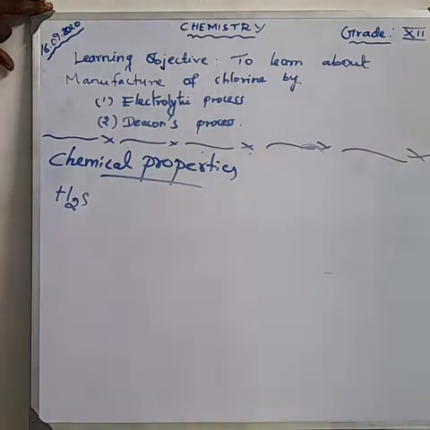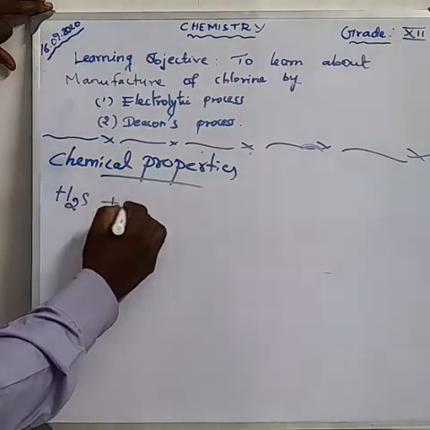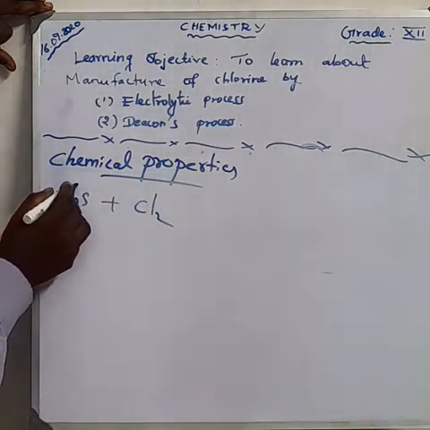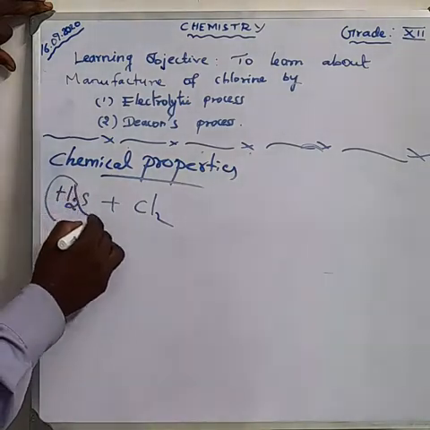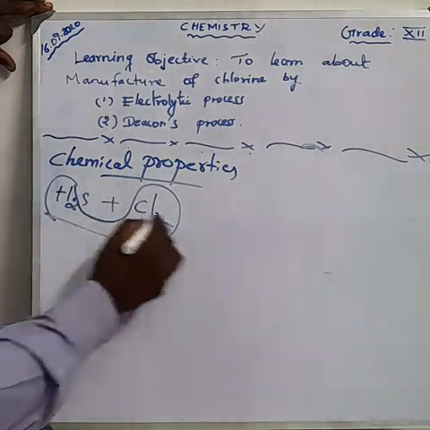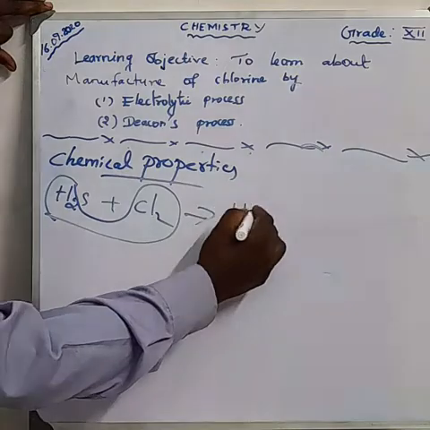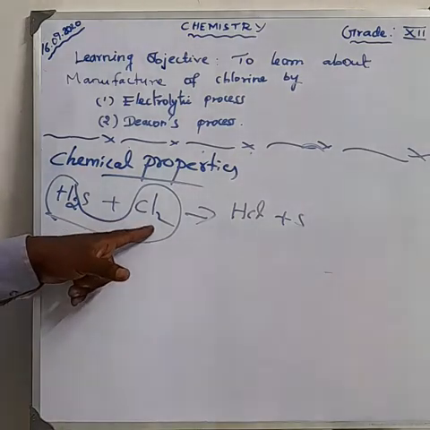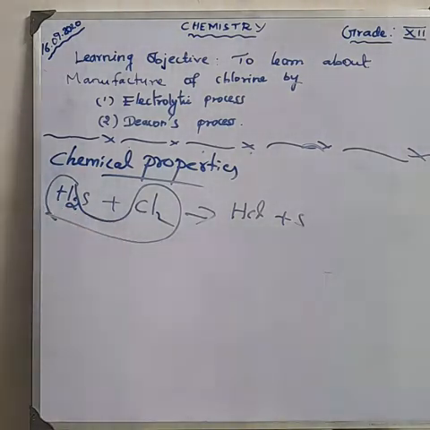Chlorine reacts with hydrogen sulfide to form what is the product? Hydrogen, as I already told you, has an affinity for chlorine to form HCl, and sulfur is also obtained.